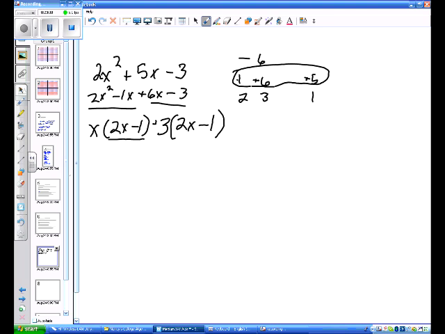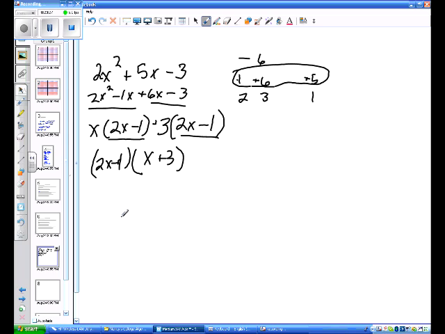Now, if you notice, what we have here are common factors. So we can factor out that common factor of 2x minus 1 times x plus 3. And we have our trinomial factored. We could go back through and multiply it to check it, but we have it factored.